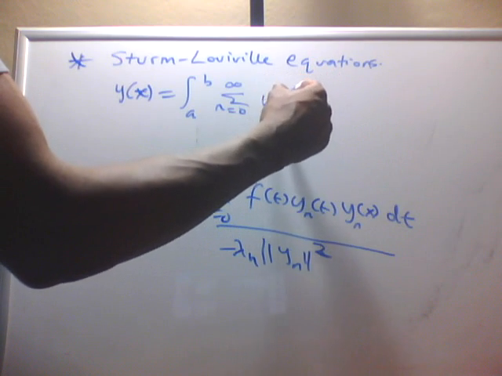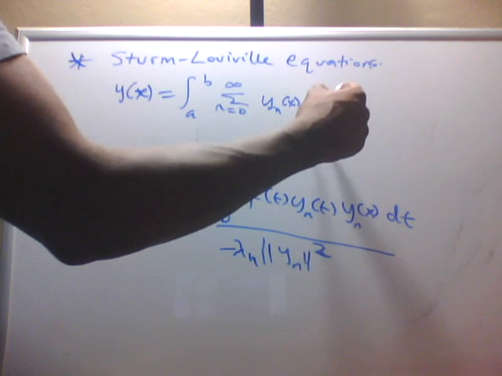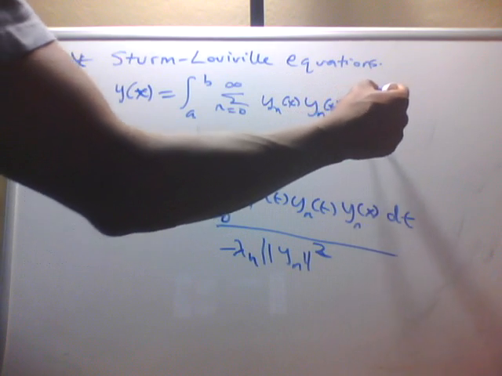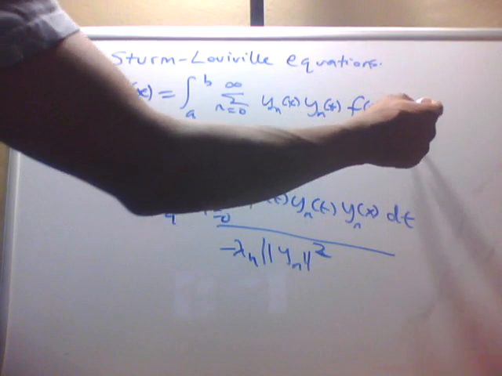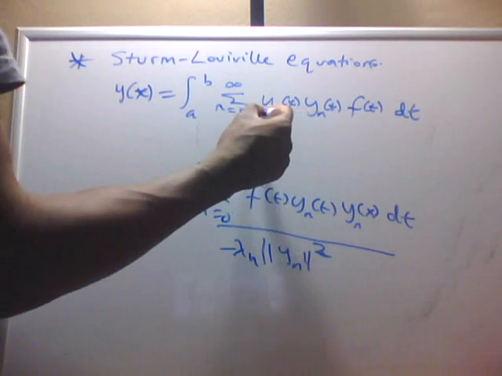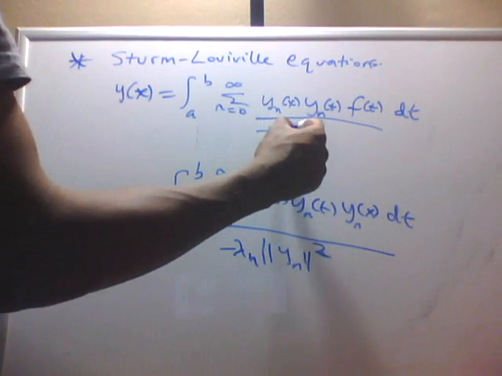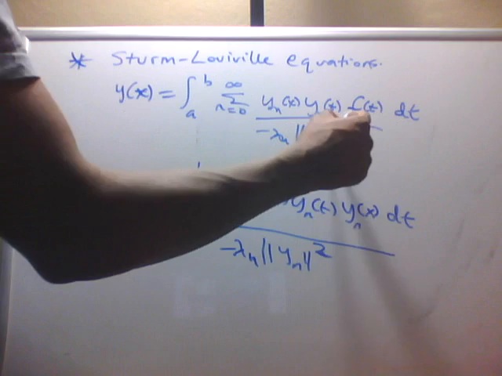So it's yn(x) yn(t) f(t) dt divided by negative lambda n times the square norm of yn.